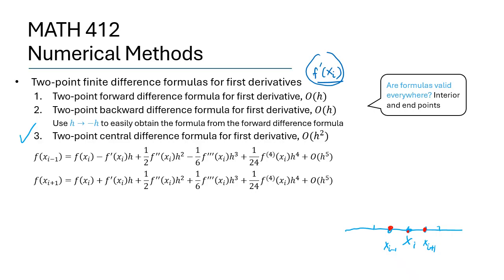So now we'll use both x sub i minus 1 and x sub i plus 1. We want to find a formula for f prime, and how do we do it? You might say, I know, add each side.